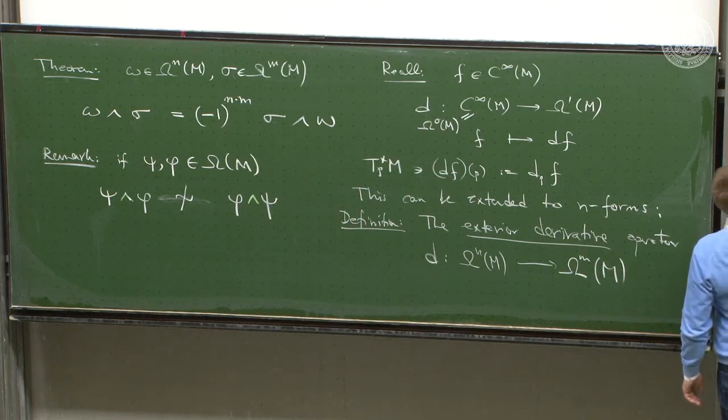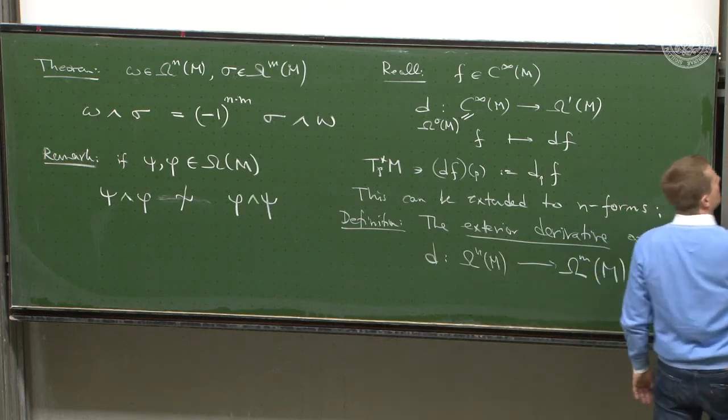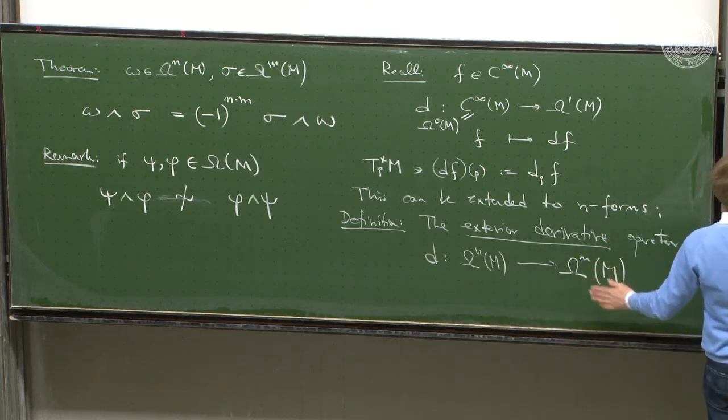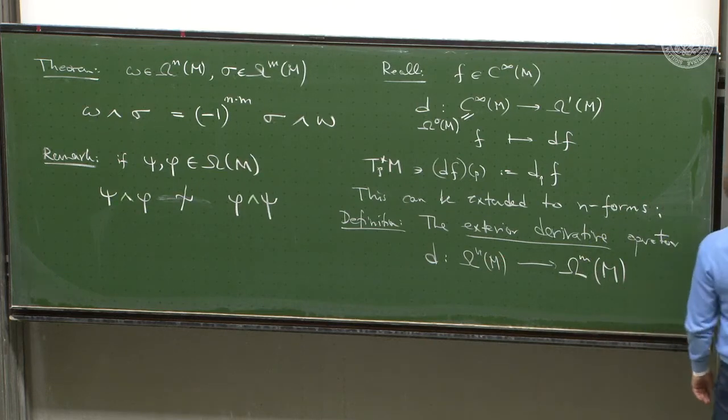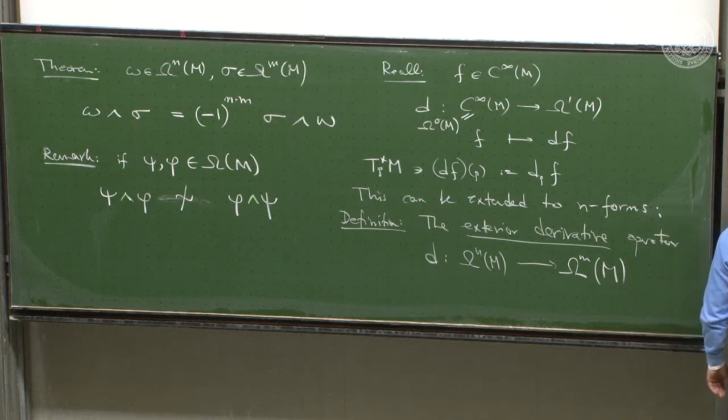where d omega, okay, so omega is an n-form, so this whole thing is an (n+1)-form once I'm finished. So I can define it by having it act on n+1 vector fields, I'm sorry, smooth vector fields.